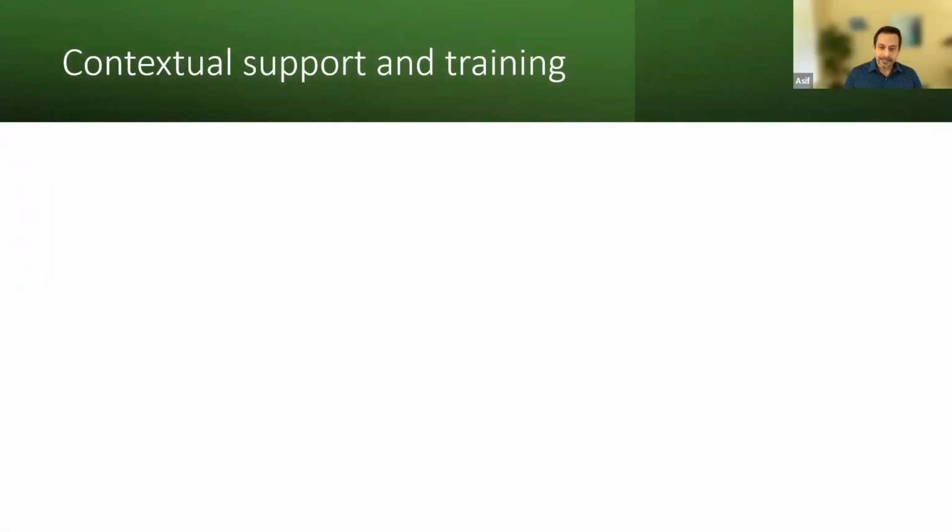I'm sure at least some of you use a system called HubSpot. And what I'm going to show you over here is how HubSpot has provided contextual microlearning, micro support to their customers. I really like how they do this. In fact, we've taken inspiration from some of the stuff that they do for our own Visual Speed product as well.